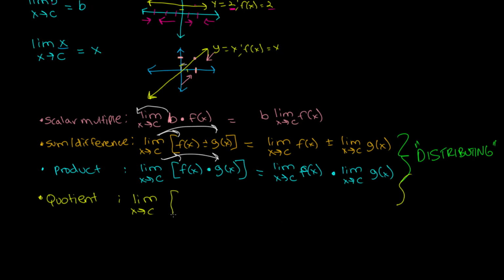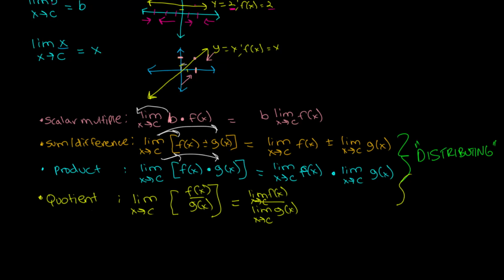But basically we have the limit of f of x over g of x, so we can make that into the limit of f of x over the limit of g of x, as x approaches c over here. So again, we're not really distributing here, but we're just going to apply this limit to the numerator and the denominator, so we're taking the limit of the two separate functions.